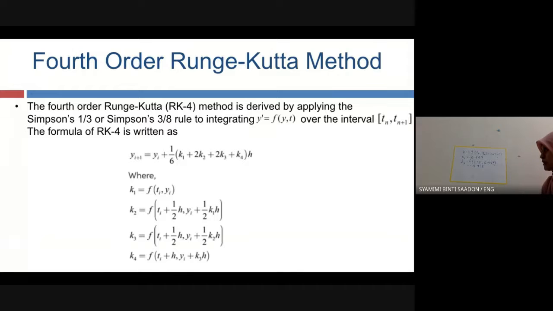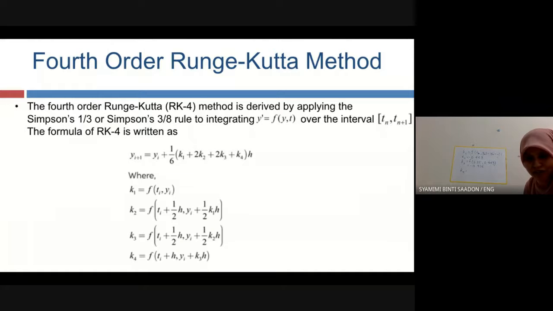After we get this function, we put this value inside the derivative y from the beginning equation. So we have k3 as negative 0.916.